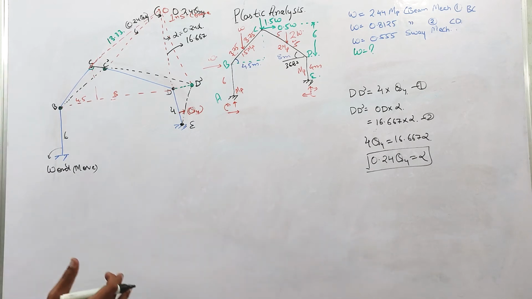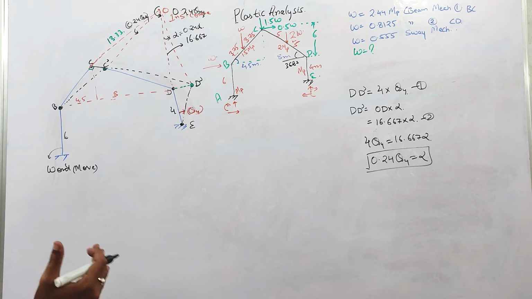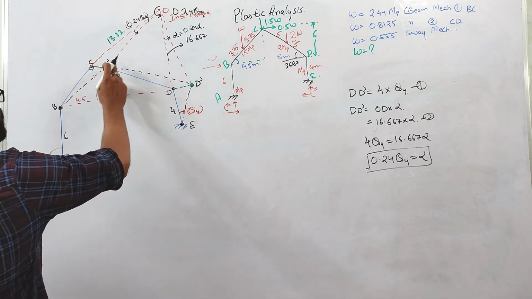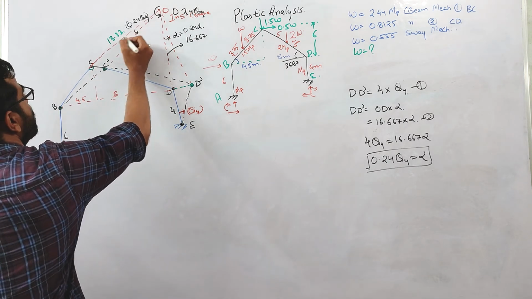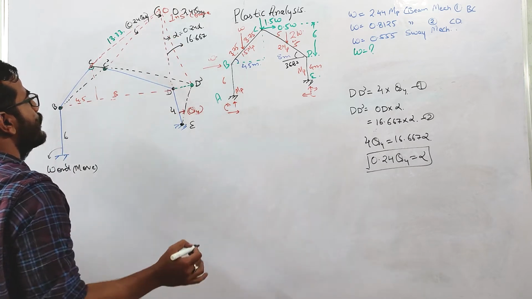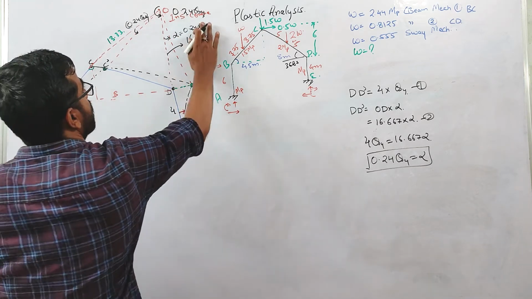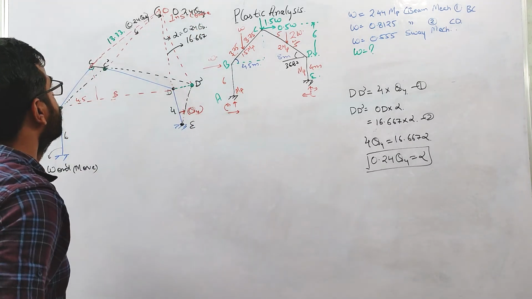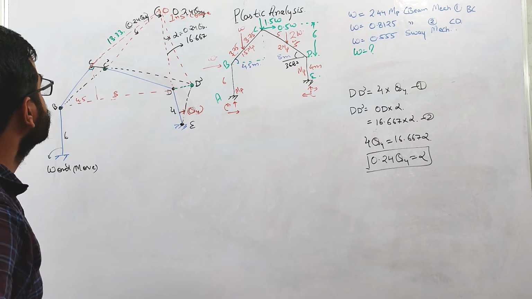So we are giving the rotation 0.24 theta 4 at this center. Because this is the rotation only now, so this will be rotated by 0.24 theta. This also will be rotated by 0.24 theta. I hope this point is clear to you, right? So now this is okay.